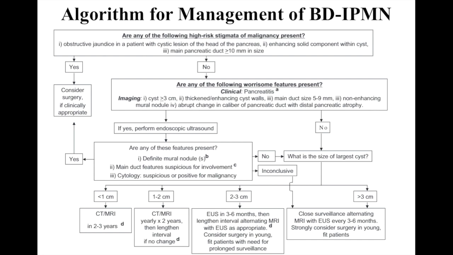If there's a smaller or asymptomatic lesion, look for high-risk features such as larger than 3 centimeters, a thickened duct or a thickened wall, a dilated duct from 5 to 9 millimeters, mural nodules, or changing caliber of the duct. If yes, then the patient's going to head towards the endoscopy suite for EUS and fluid analysis, and then consider surgery for any concerning features found on these. Otherwise, you can discuss serial imaging with the patient based on size.